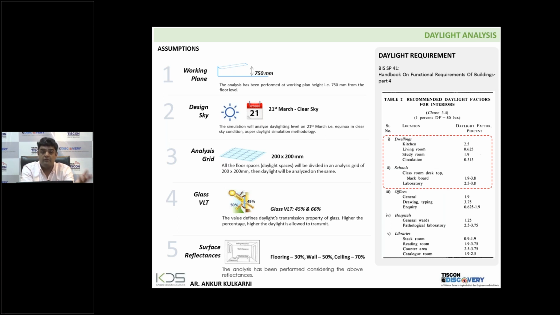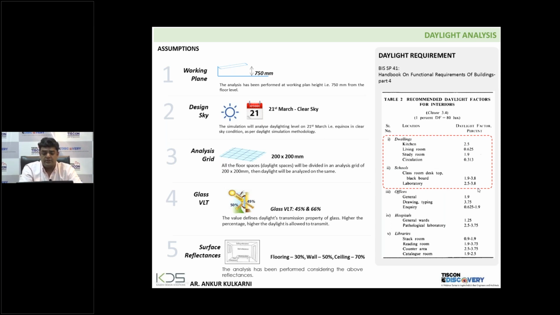You do it at 12 noon on equinox day, either 21st March or 21st September. Then you should have an analysis grid. Define your glass VLT, that is visible light transmission, whether it is 40%, 50%, and consider your surface reflectances from the floor, wall, and ceiling.